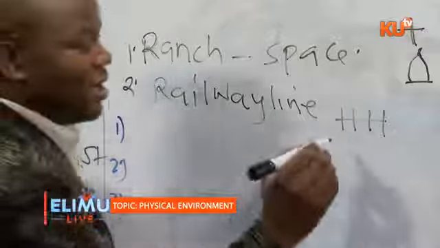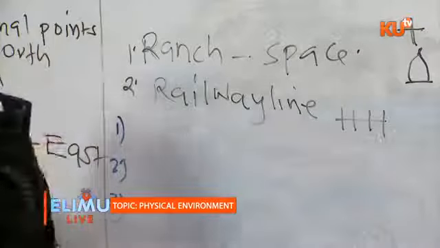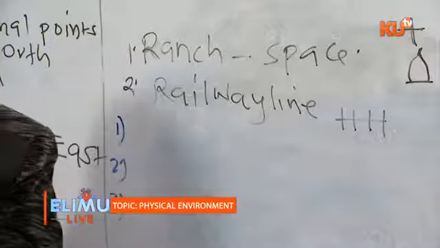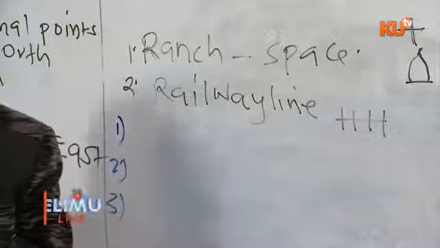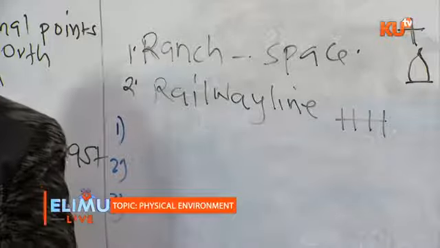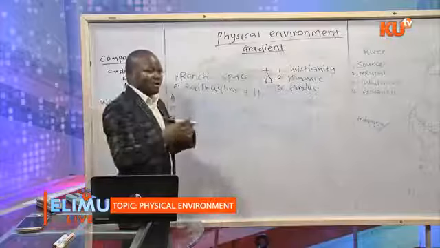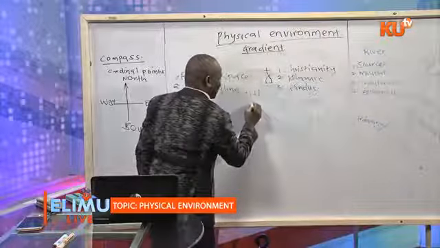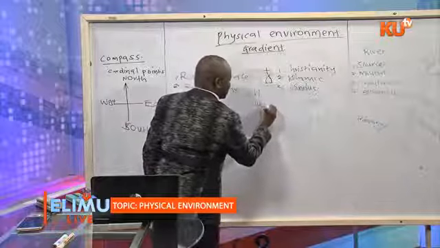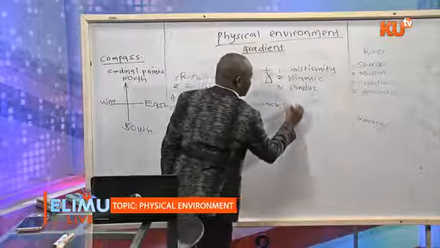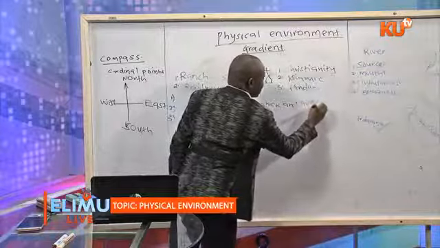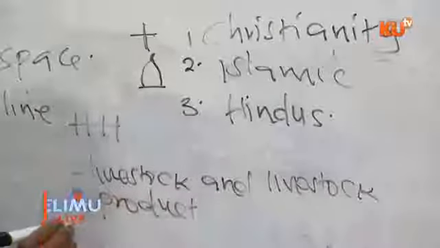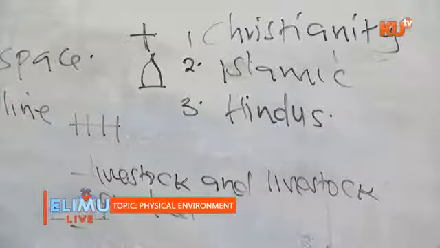So this railway can be used to transport specific goods which are being either practiced or grown or done in the area. So these goods, one, we have livestock and livestock products. Two, we have timber.